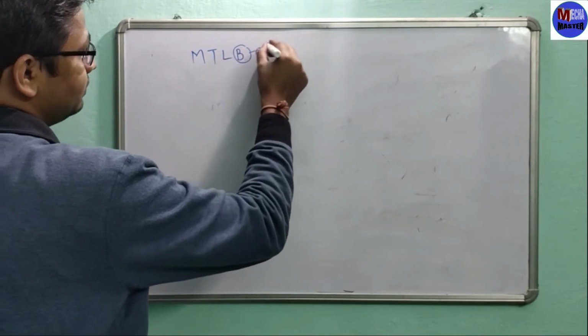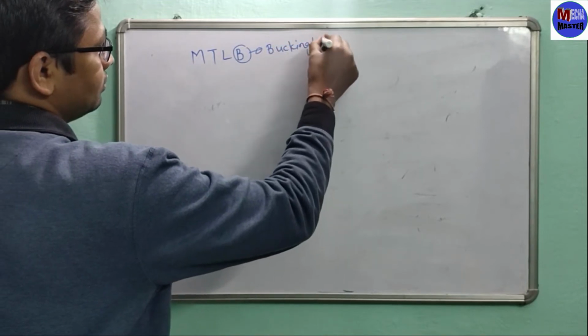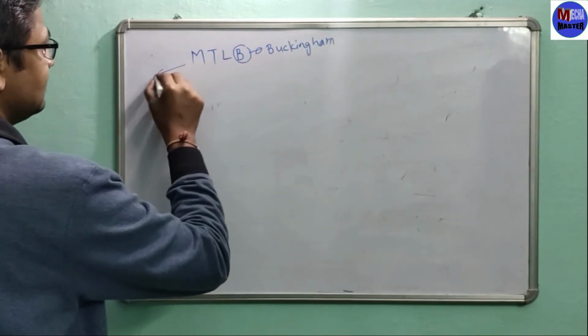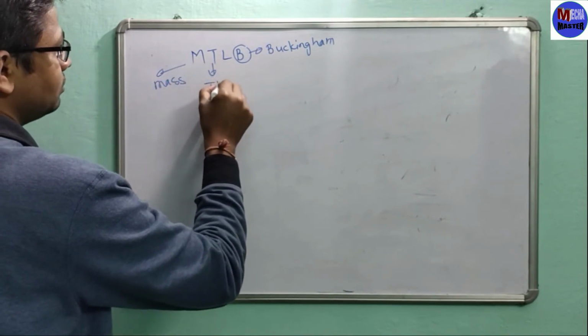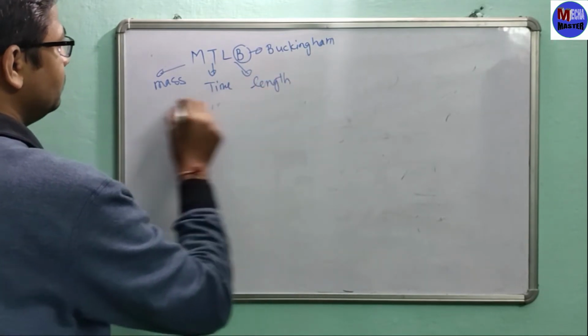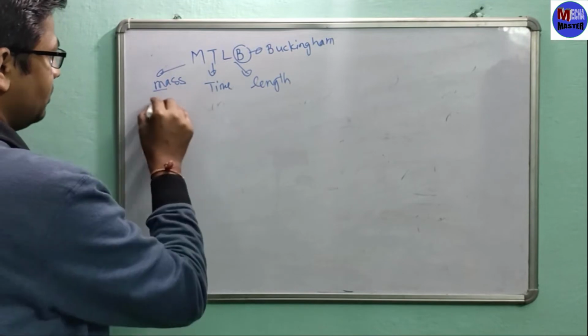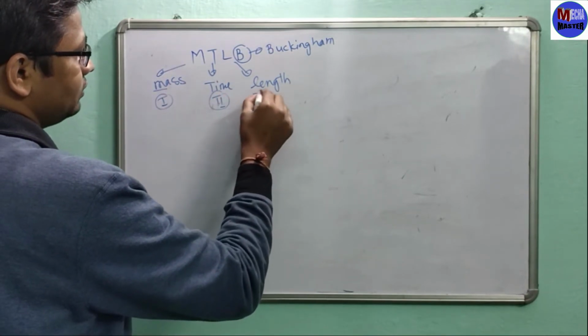B for Buckingham, M for mass, T for time, and L for length. The first priority will be given to mass, second priority will be given to time, and third priority will be given to length.